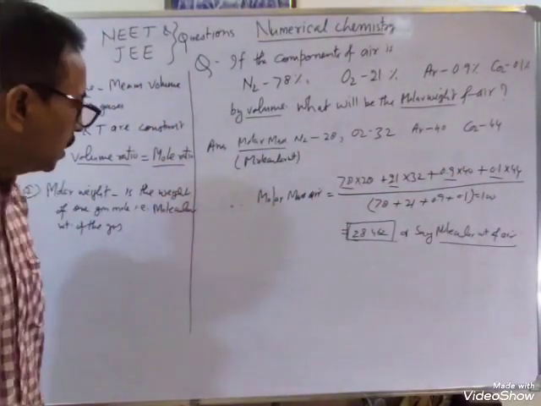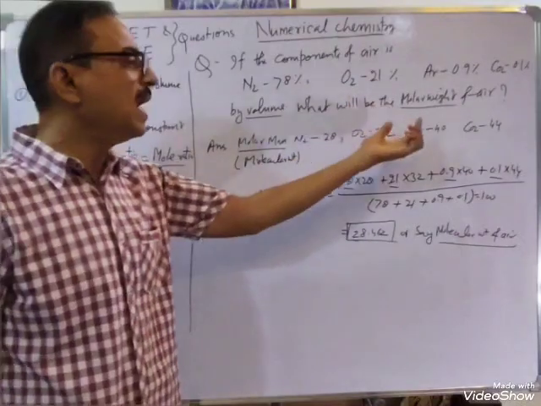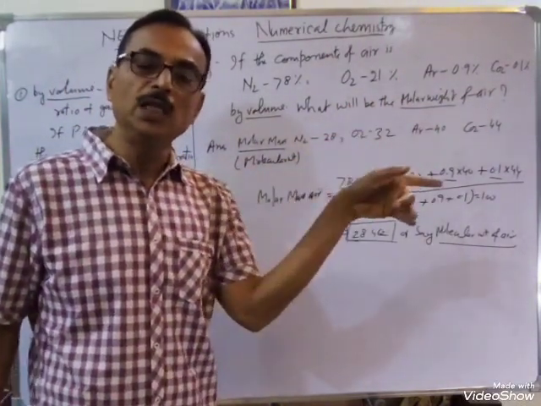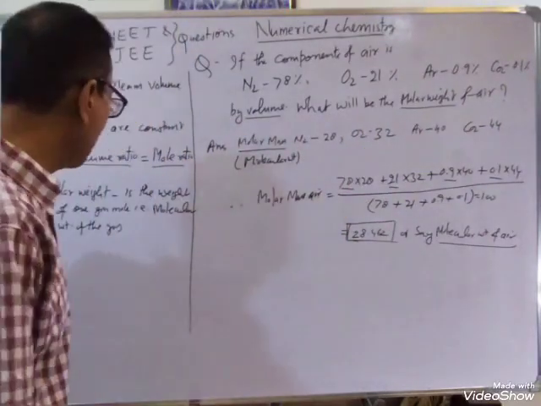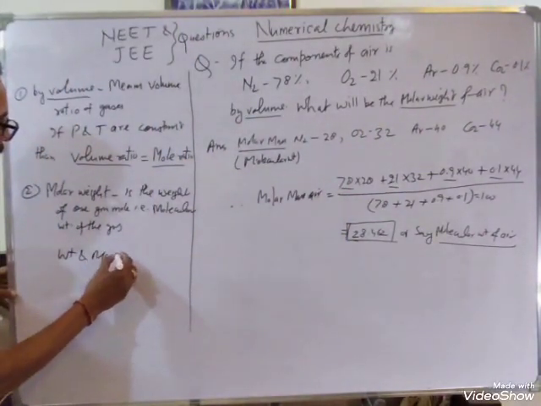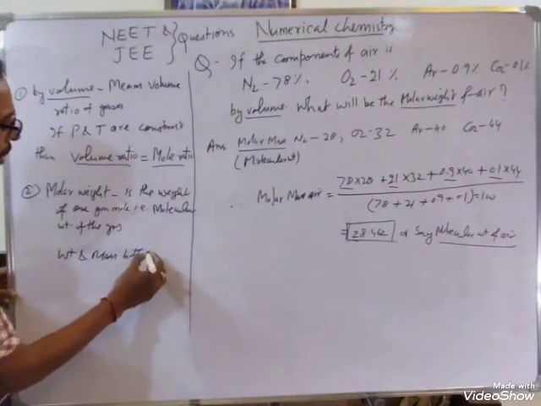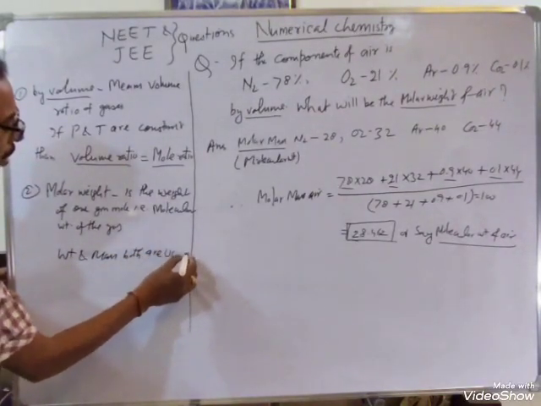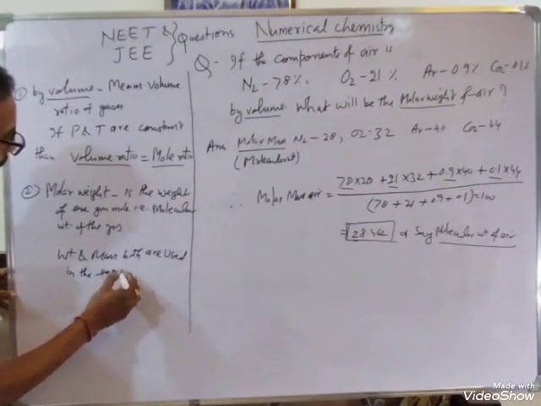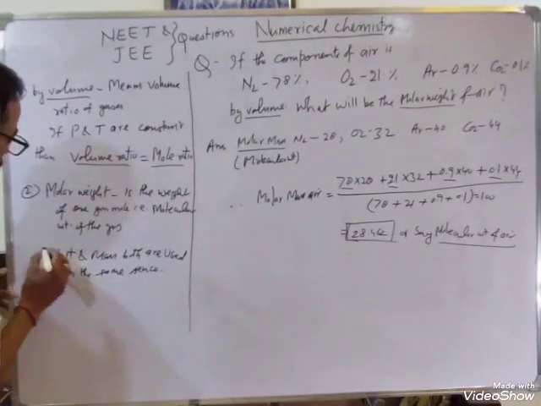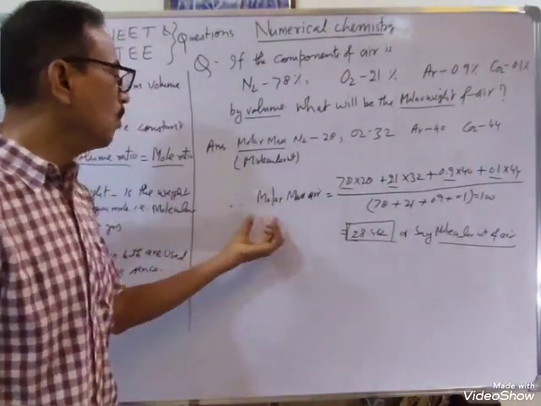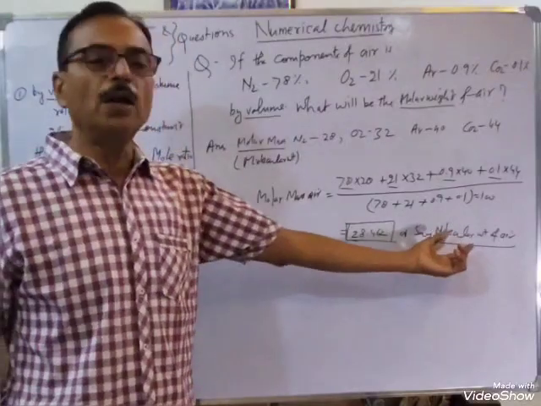One thing must be known: in chemistry, mass and weight are the same thing. In physics, mass into g is weight. But in chemistry, weight and mass are both used in the same sense. So remember, somewhere it is molar mass, somewhere molar weight, somewhere molecular weight.